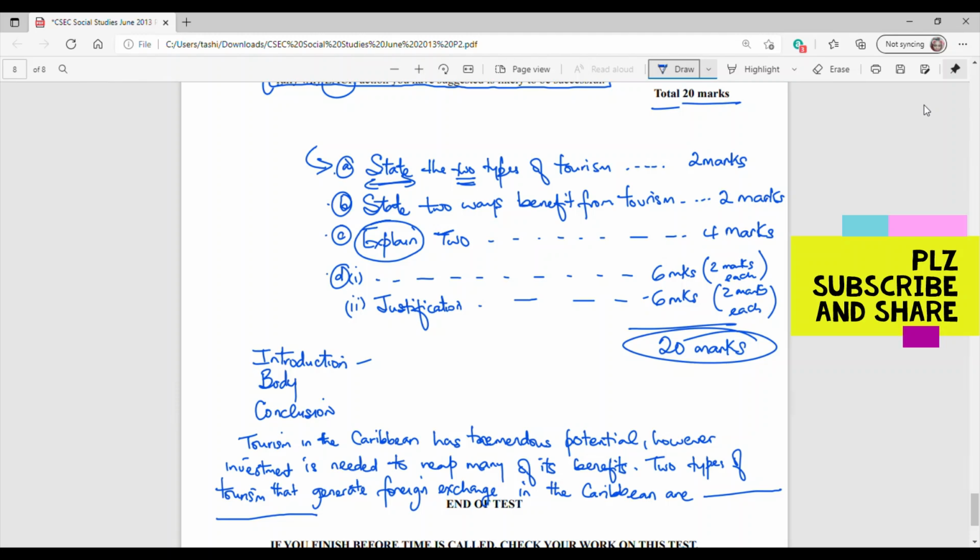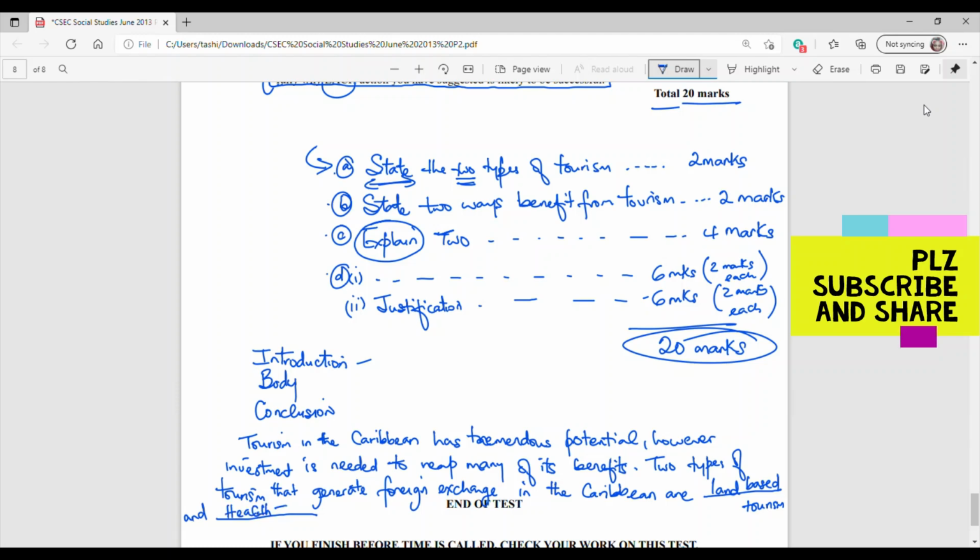So generating foreign exchange in the Caribbean, we can say our land-based tourism and we can also say health tourism.